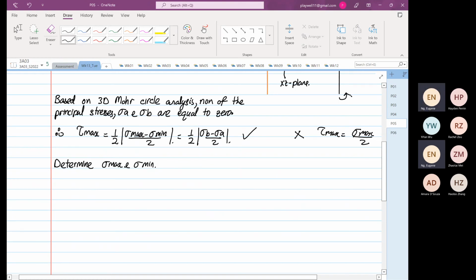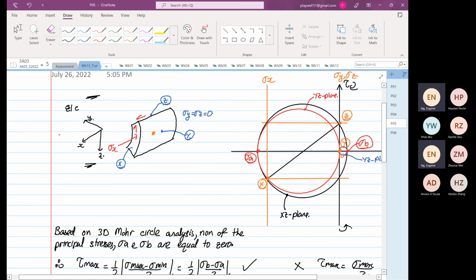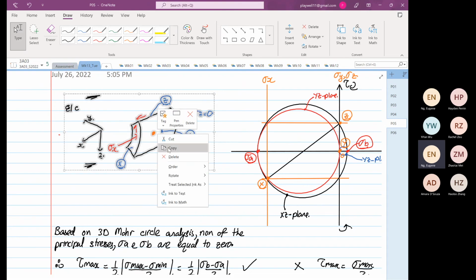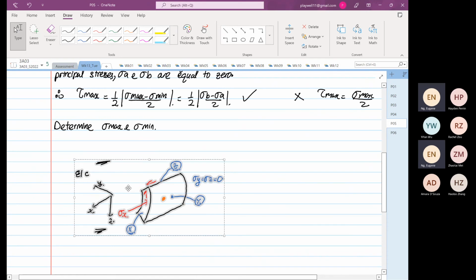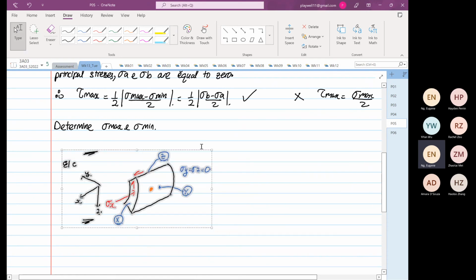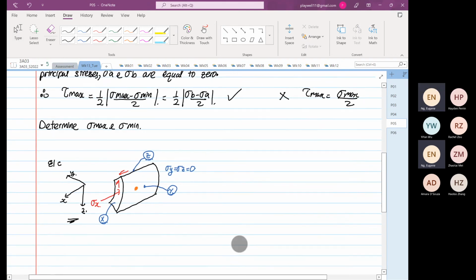So let's look at our element, so I'm still going to copy our element. We need to find what our stress X value is.